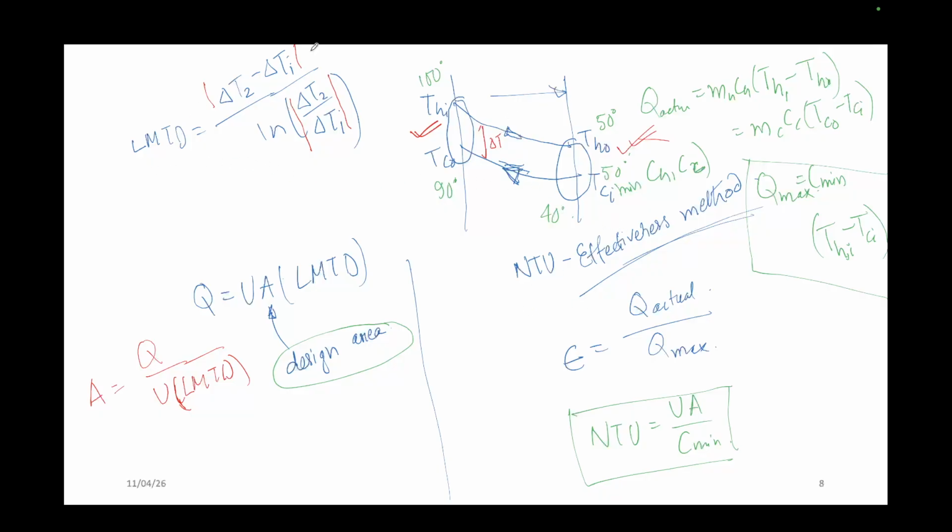The thing is, whatever LMTD value you get should be multiplied with a factor or a constant. That is called the correction factor.